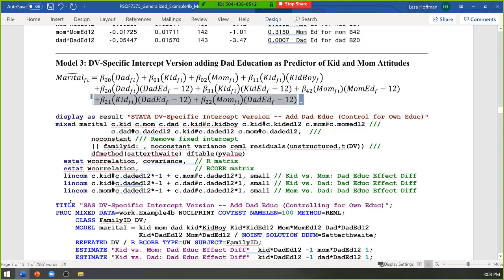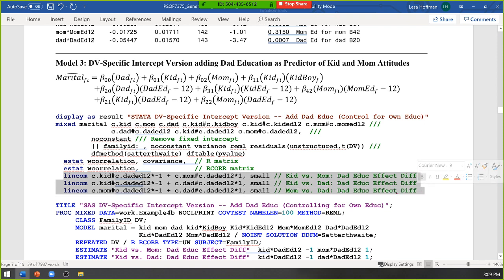I'm also asking for some comparisons of these slopes. There's lots of comparisons that might be of interest. Here's an example of how you might go about it. I'm asking whether dad's education has a stronger effect on his attitude than on the attitudes of the other people in his family.